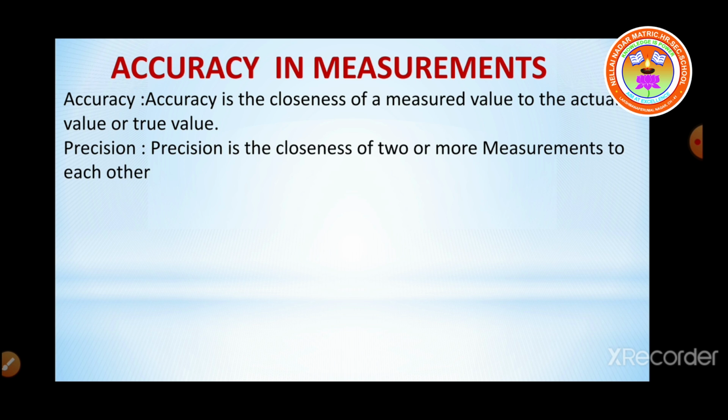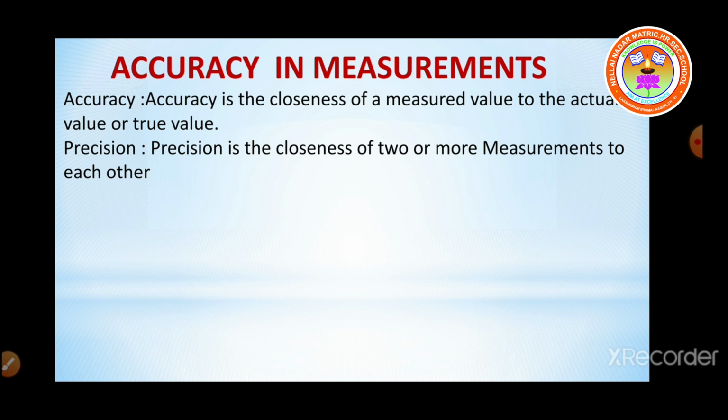For example, the length of our textbook is 35 centimeter. Suppose we could not measure the readings in the proper way, maybe we obtain 34.5, or we obtain 35.5 centimeter like that. So in this place it gives us some error.